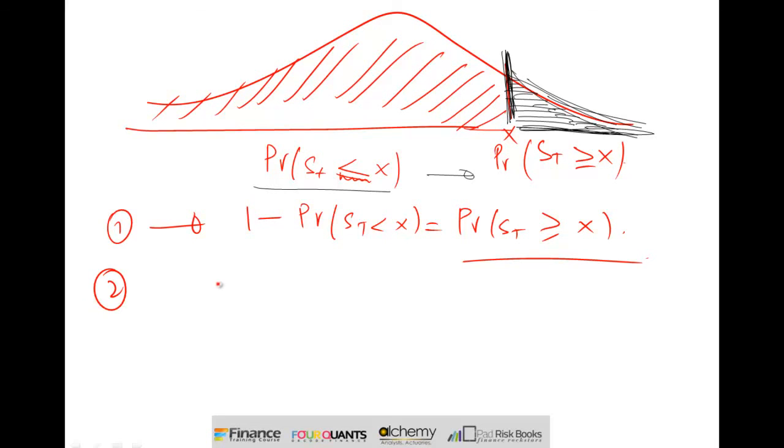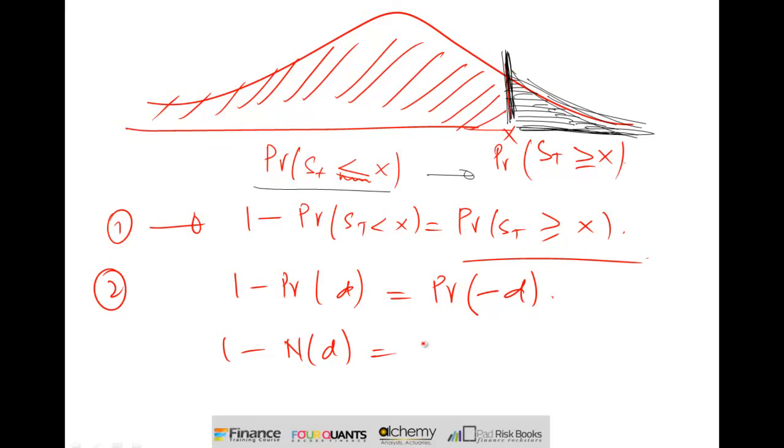Second piece that we know is that 1 minus, and let's just simply say I'm looking at a probability D. This is 1 minus PR of D, as far as the normal distribution is concerned, is the same as PR of minus D. Or we write 1 minus N of D is the same as N of minus D, right?